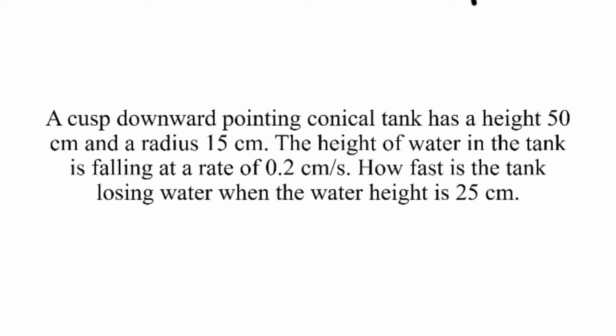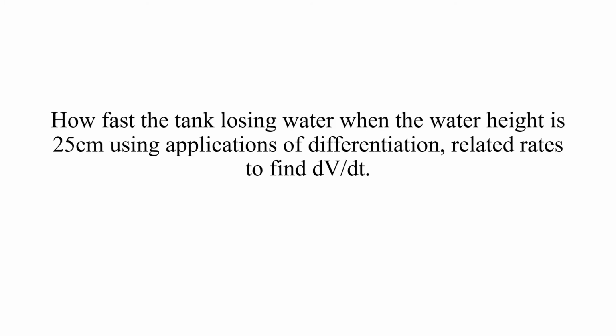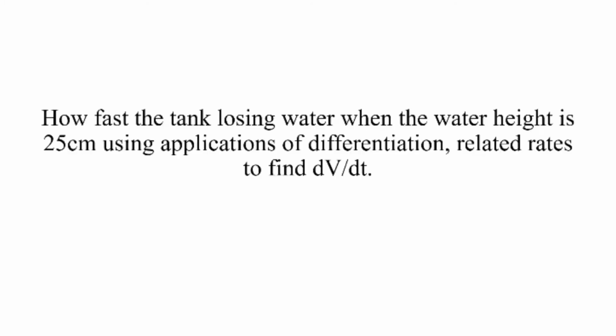How fast is the tank losing water when the water height is 25 cm? Objective: find how fast the tank is losing water when the water height is 25 cm using application of differentiation. Relate rates to find dV/dt.